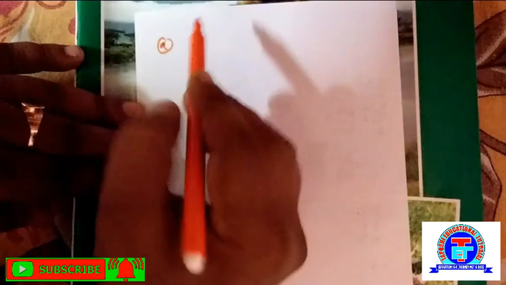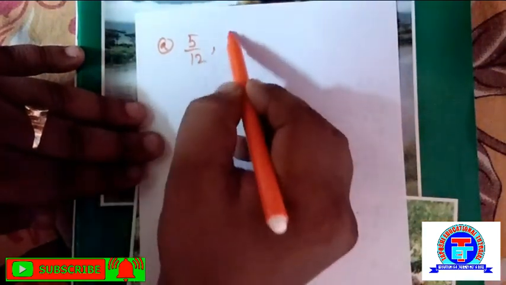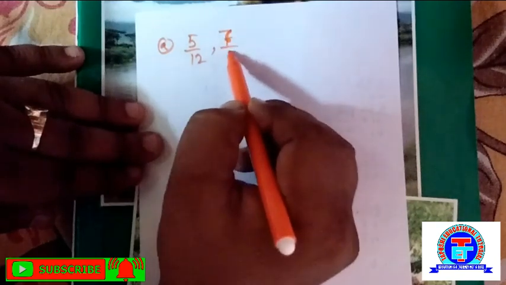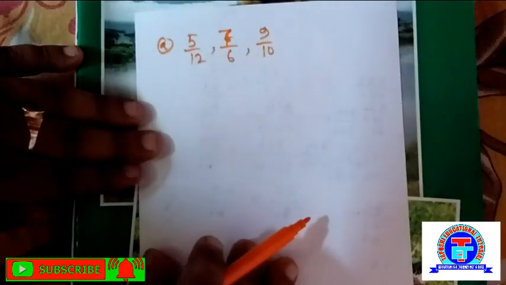Okay, so here given the fractions 5 by 12, 7 by 6 and 9 by 10.